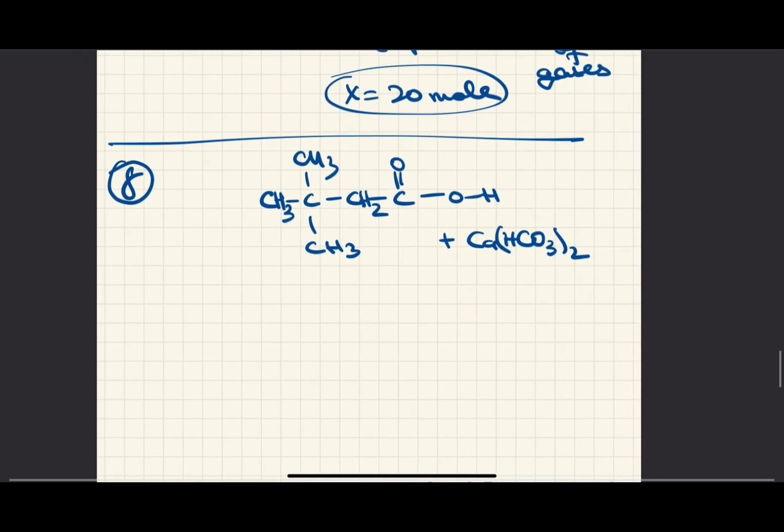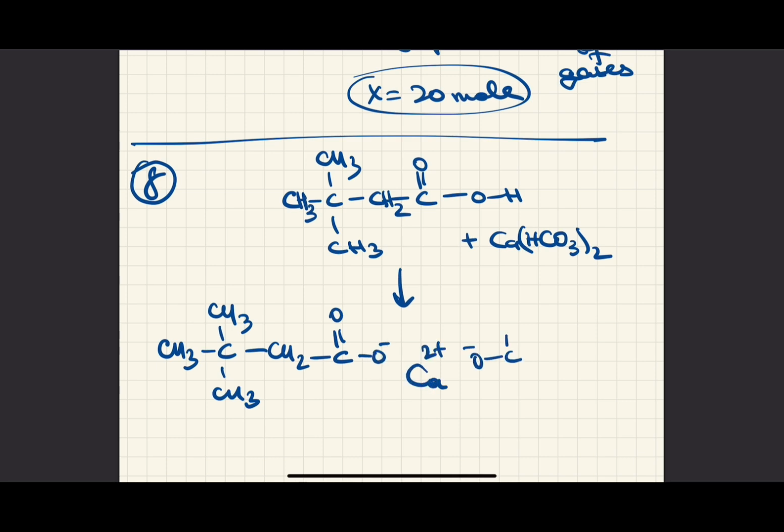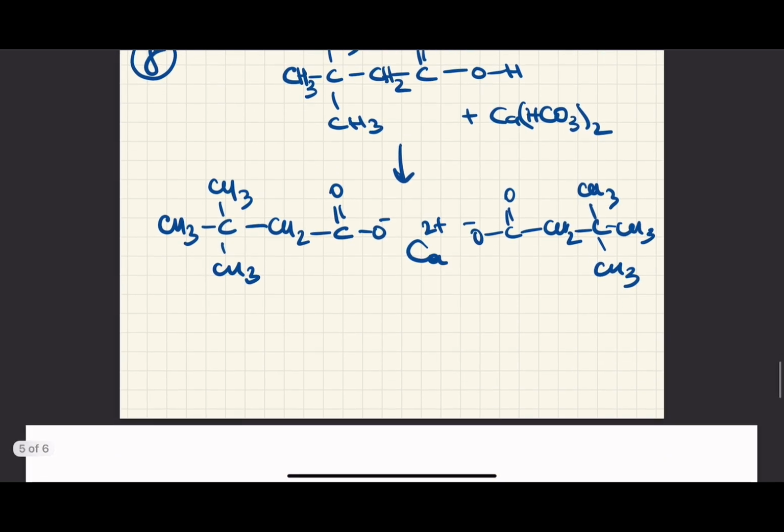So what we will get from here is CH3, CH3, CH3 like this, CH2, COO negative, and we have a calcium in the center, and then COCH2, C, CH3, CH3 and CH3, and on top of this we are making H2O and CO2.